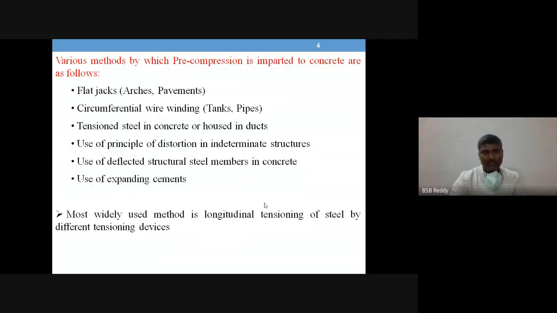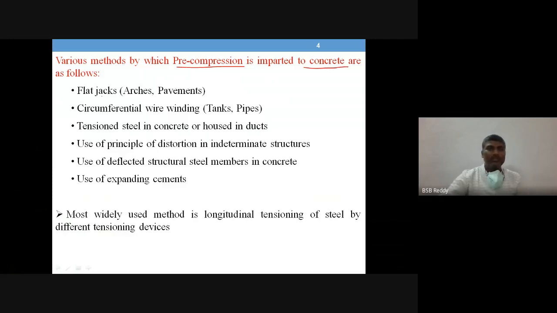So let's start with the methods by which we induce pre-compression. What are the various methods by which we induce pre-compression in concrete?